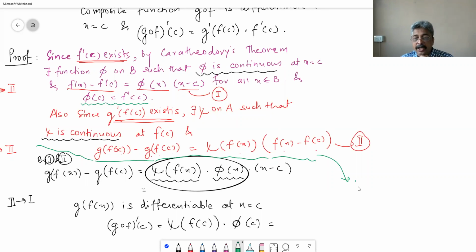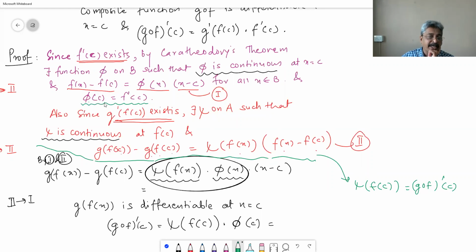So psi of f of c is equal to the original function, which is g o f dash of c. Do you understand?